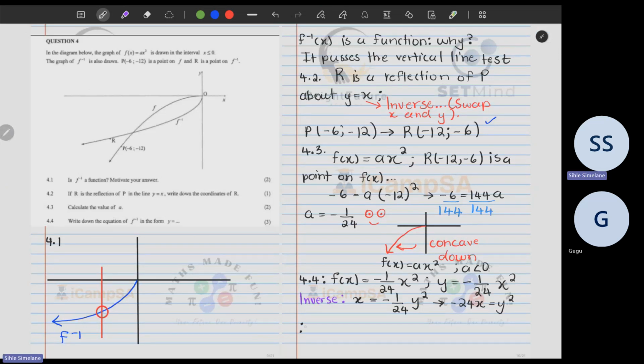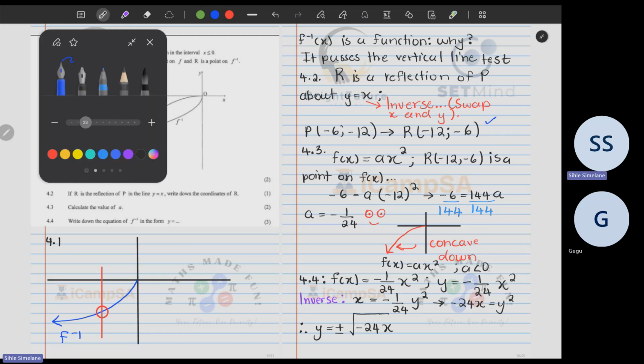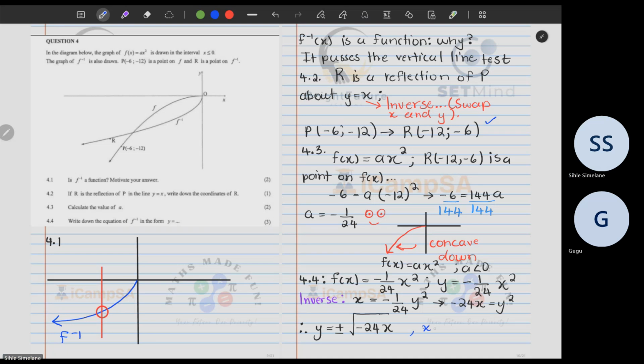We'll have y equals plus or minus the square root of -24x. And remember that our x value is always negative, as they specified here.